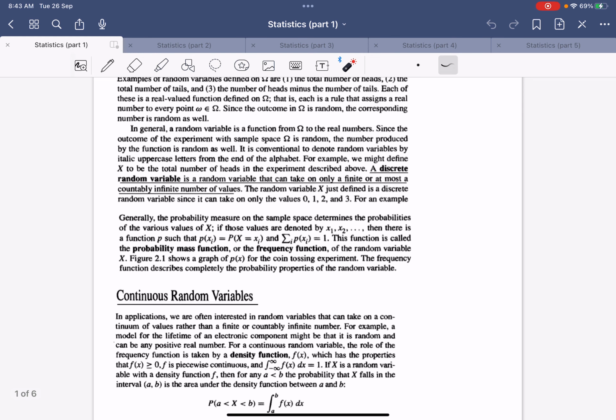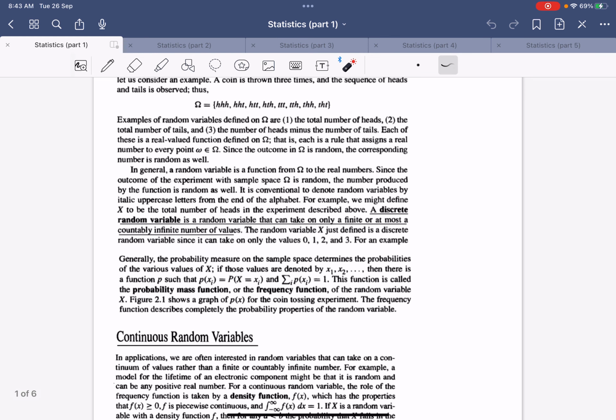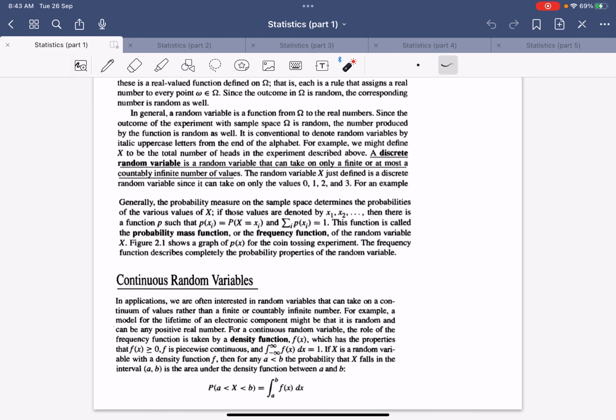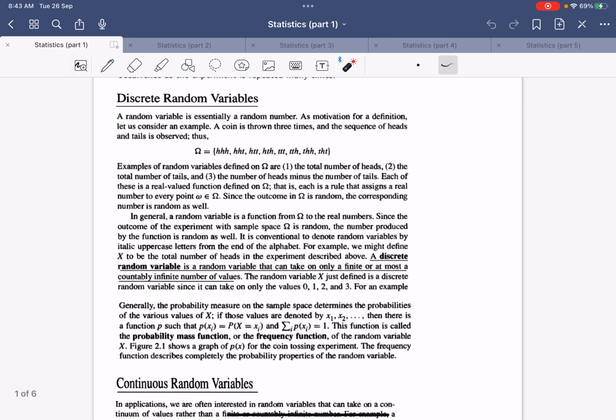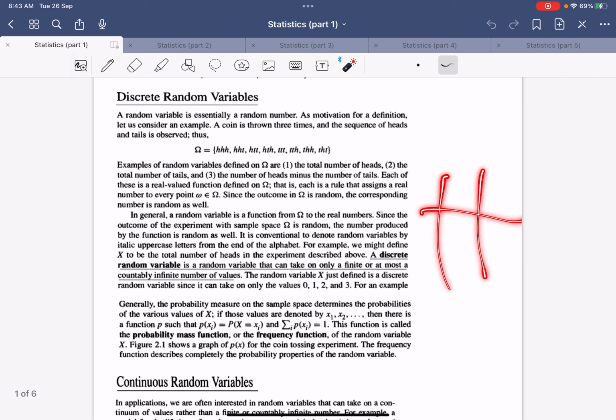And generally, we can also write the probability distribution by describing it with a probability mass function. It's basically saying, okay, what's the probability that 0 heads appear? That means all the coin tosses are tails, so it's half to the power of 3. And what's the probability that 1 head occurs?